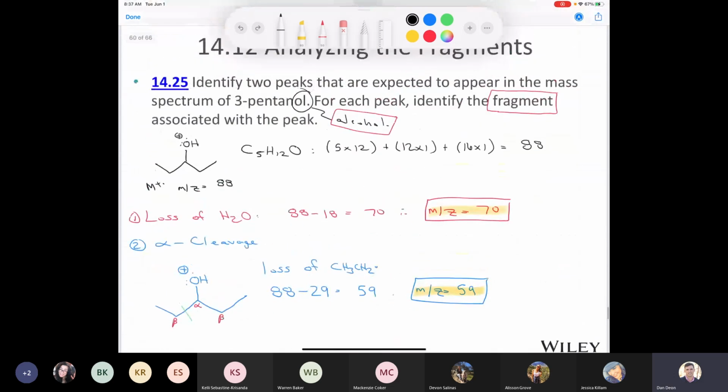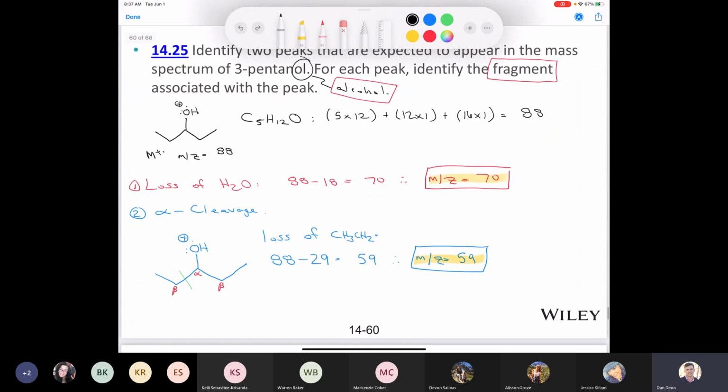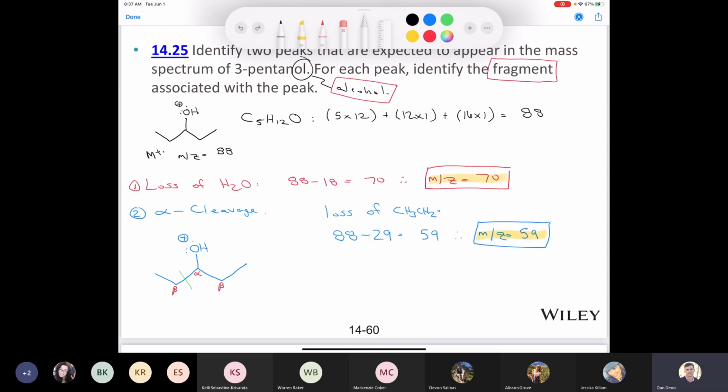Yes, absolutely. The one from the alpha cleavage, I didn't really leave myself a lot of room here, but let's draw what we would end up with. Let me just move this out of the way. And again, I don't expect you to be able to draw the curved arrow mechanism for the alpha cleavage.